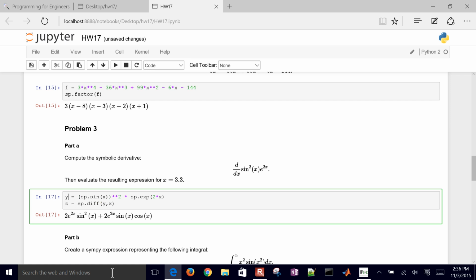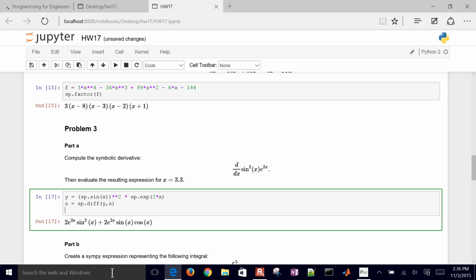So this was a variable, now it's a function. And then let's go ahead and evaluate. We can evaluate it at that particular value as well. Okay, so we can use the z subs function and substitute in 3.3, and there we go. We've got our answer there.